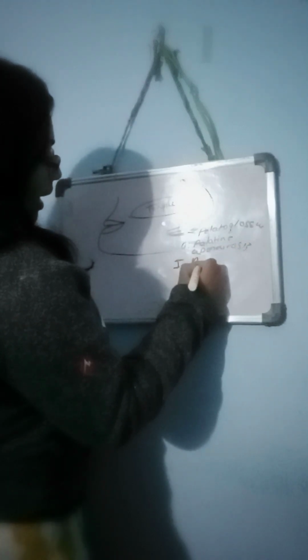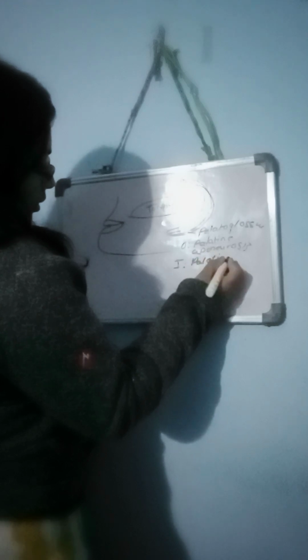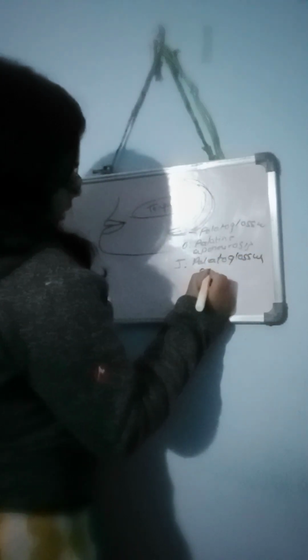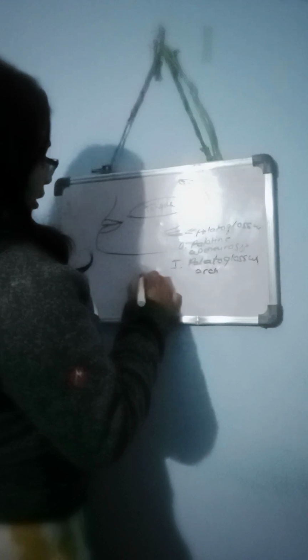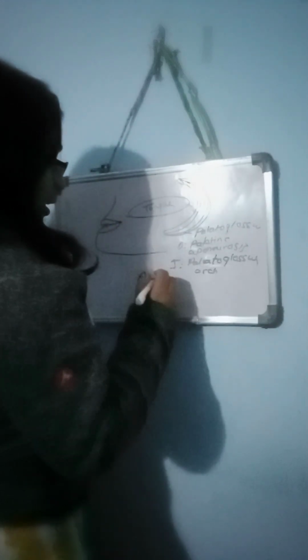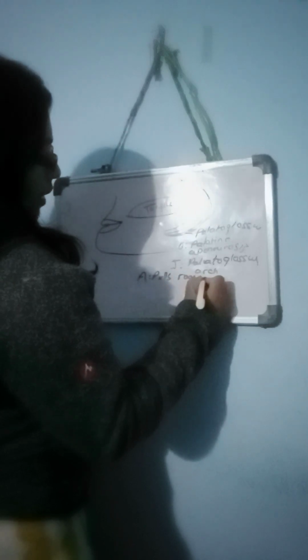It inserts into the palatoglossal arch, and its action is pulling the roof of the tongue backwards.